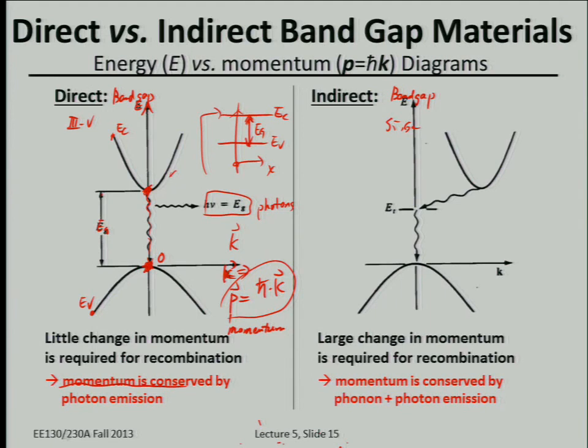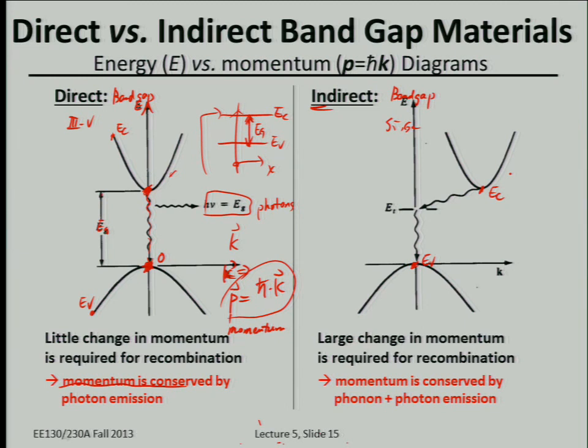If you want to compare to the case of silicon and germanium, they are called indirect bandgap semiconductors. What do I mean by indirect bandgap? Indirect means they do not have EC and EV appearing at the same K point, okay?